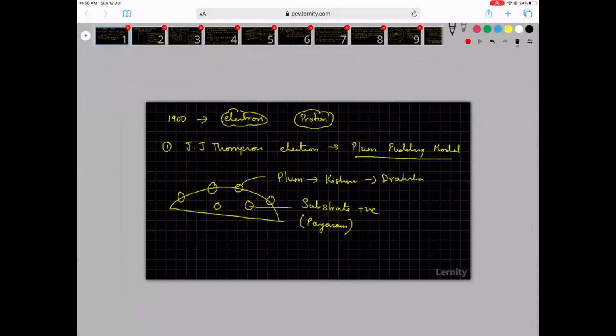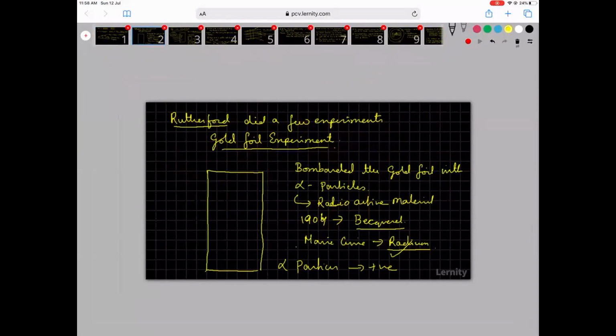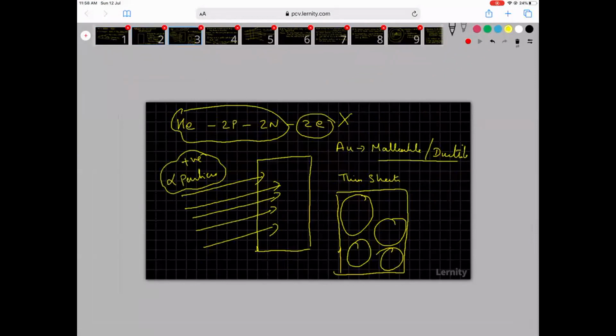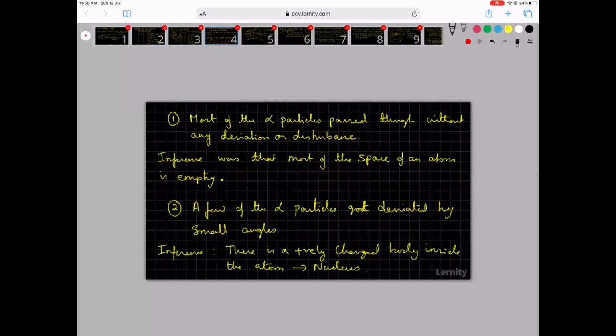First slide. Second slide. Third slide. Fourth slide.